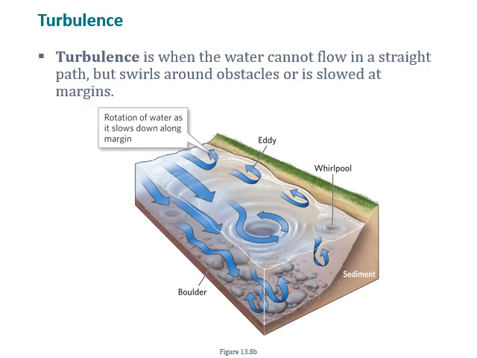Turbulence refers to when water cannot flow in a straight path but swirls around obstacles or is slowed at margins of the stream bank. So here we've got turbulence occurring as a result of boulders on the bed of the stream and possible changes in the edge of the stream bed. This forms things like eddies and whirlpools.